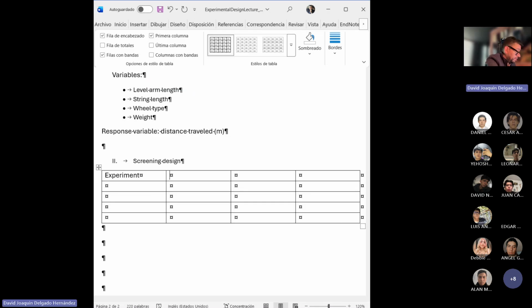Here we are going to put the lever, and we are going to measure that in centimeters. Then the string as well, the length of the string in centimeters. And let us think that these are all the variables that we are considering in this experiment, and we are going to measure the distance, okay?